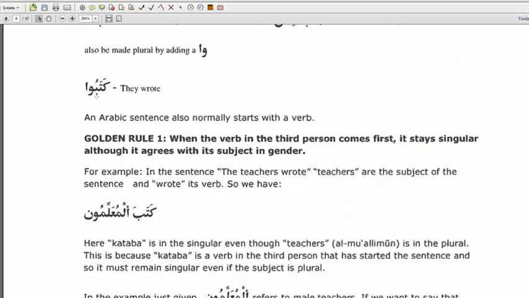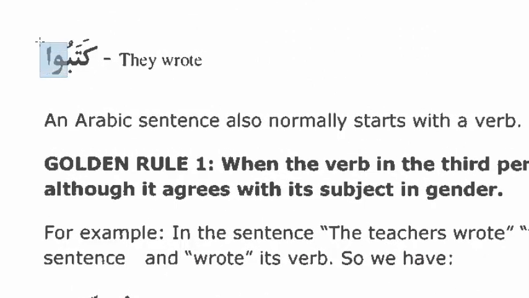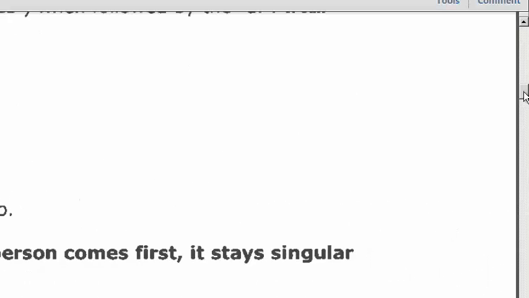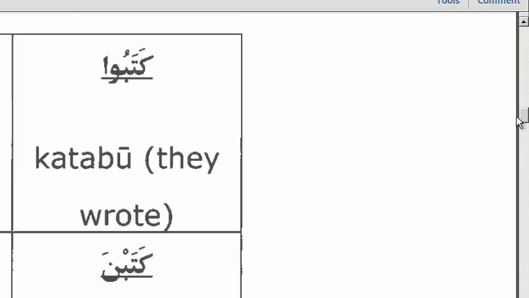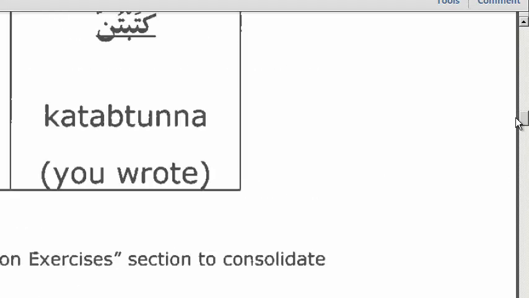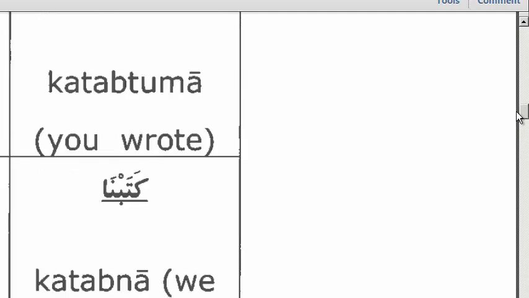We can also add a waw and an alif, and it becomes katabu, and the meaning changes to "they wrote," males. And when you go to the end of the short study unit, you will find various ways in which you can add to it. You add the noon and the alif, and it becomes katabna, "we wrote."